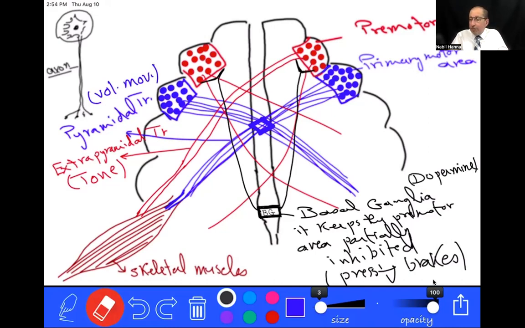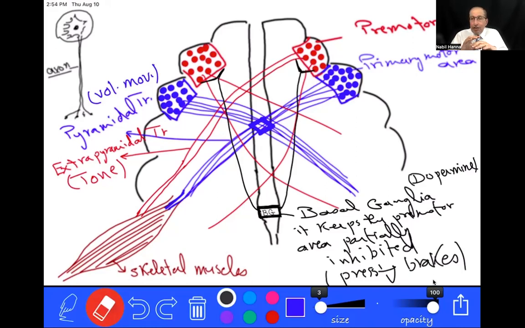We're going to talk about it later, because in the basal ganglia, we have dopamine and we have acetylcholine, and dopamine is like mom in the home, and acetylcholine is like the naughty kids. Whenever mom is at home, the naughty kids behave, and mom is responsible for keeping discipline at home.